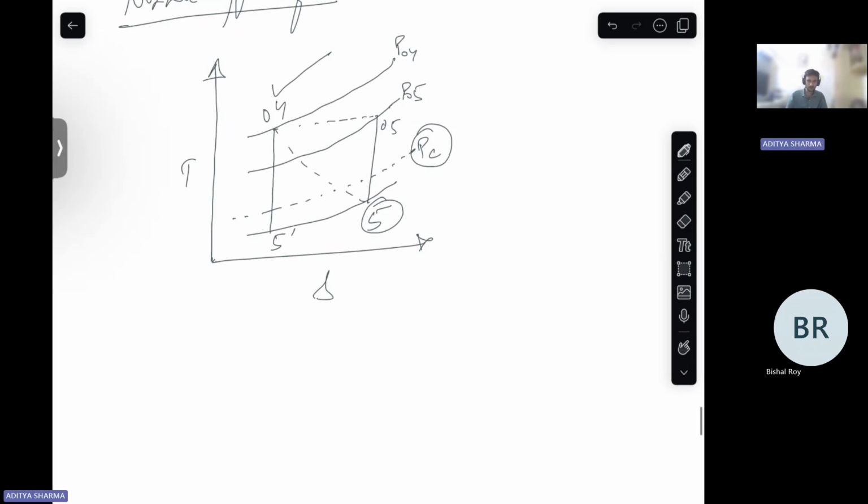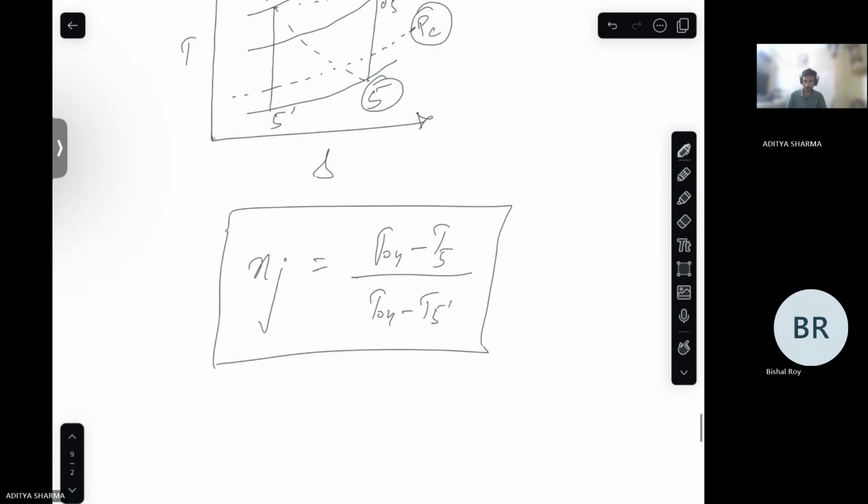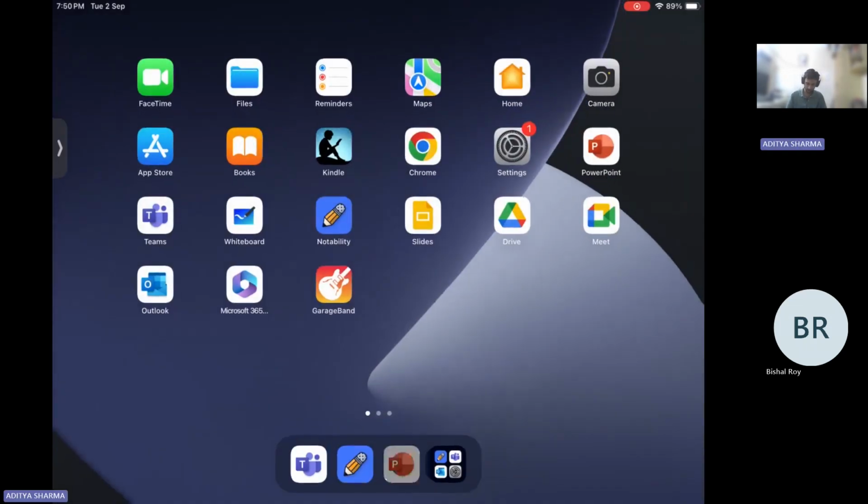So nozzle efficiency you can write this way: eta j equals (T04 minus T5) over (T04 minus T5 prime). So this is your nozzle efficiency.